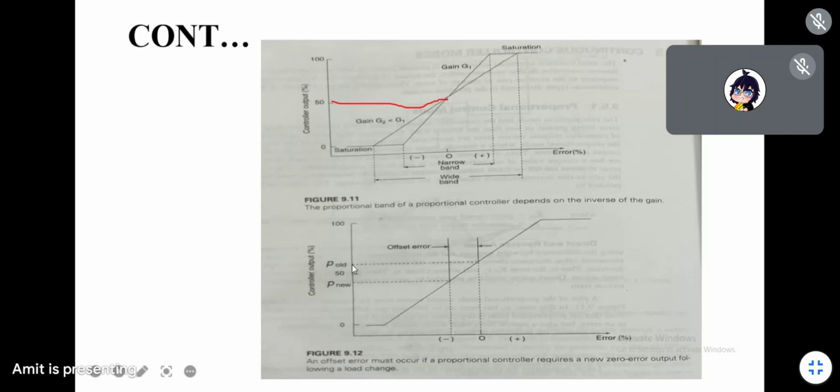So your controller output is 60%. When it is set at 60%, your error is 0, as per your requirement. Understood? Never think it must always stay at 50%.